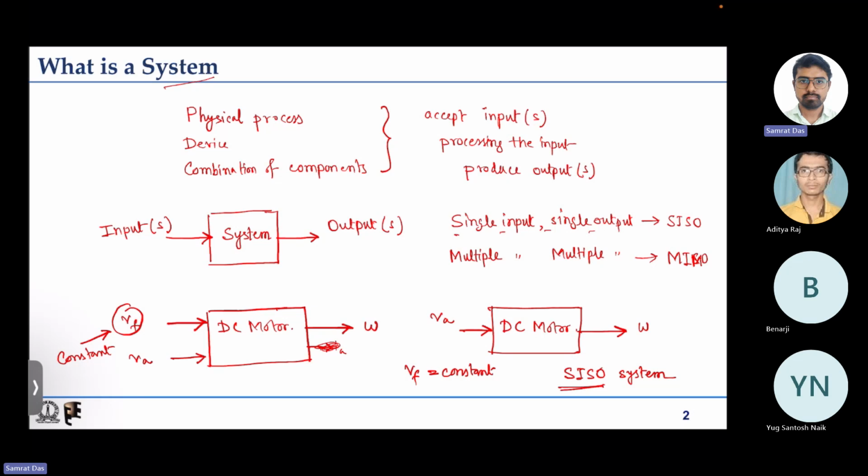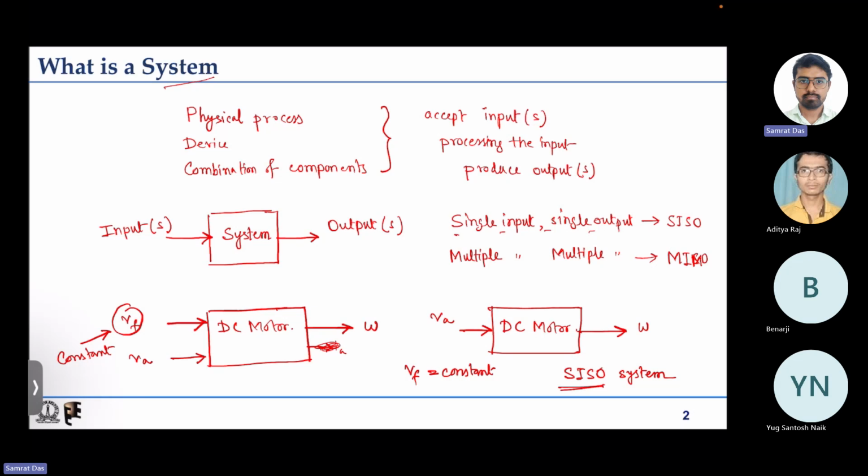So the control of that system becomes obviously quite easy, quite simple compared to multiple input, multiple output systems. It is comparatively easy to model this type of SISO systems and to design controllers for them. Wherever possible, we would like to have only one single control input and get the output we want.